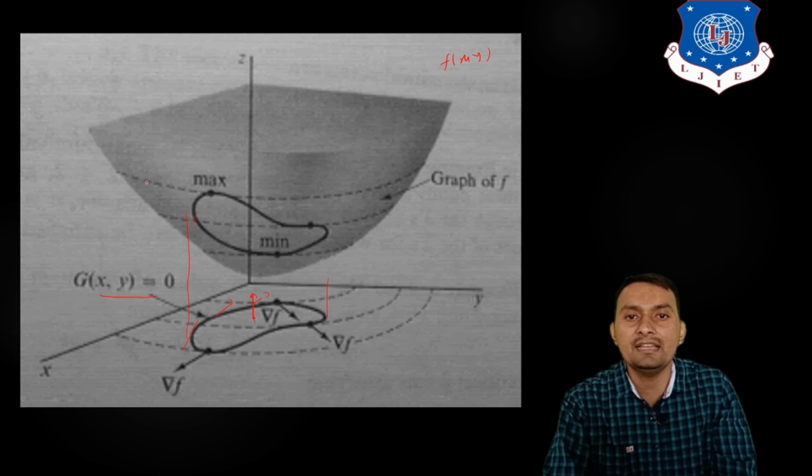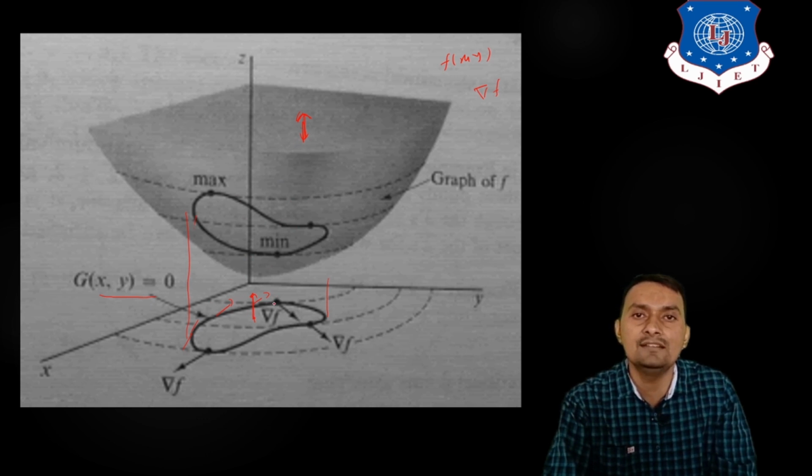Again, if I consider f of x, y, its gradient can also be determined, that is grad f. But when I consider its normal, the normal will be in this direction. So we can say both surfaces f of x, y and g of x, y have the same direction.